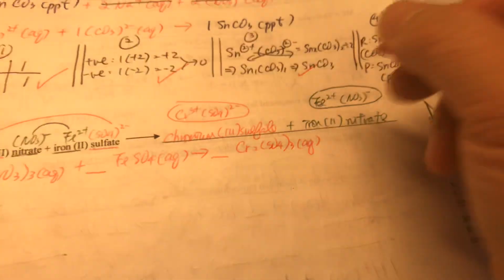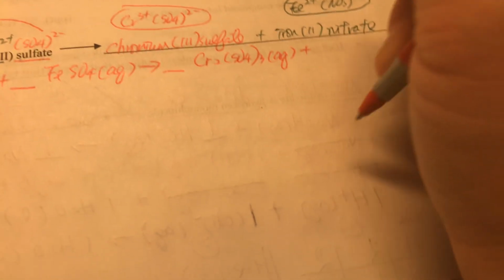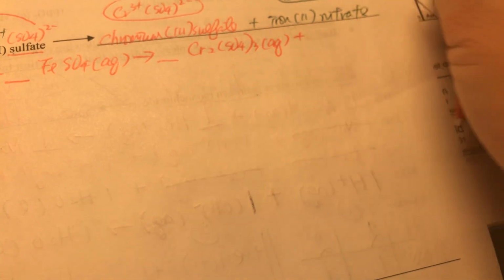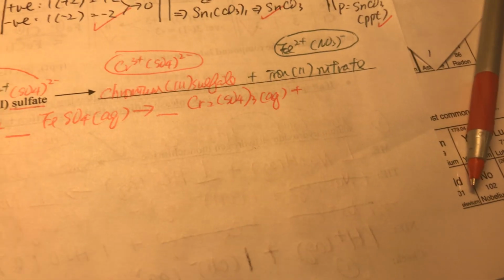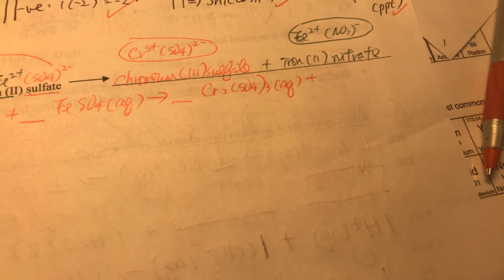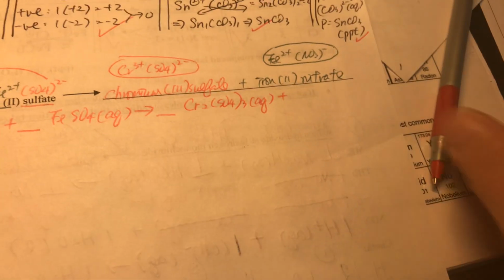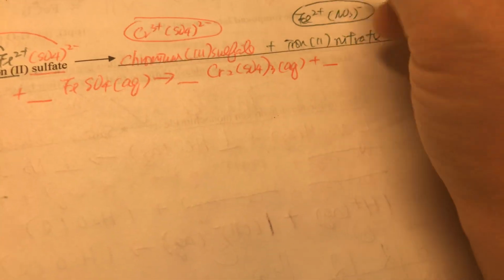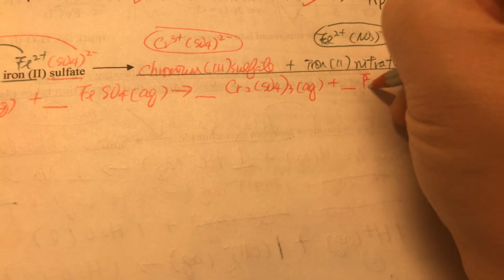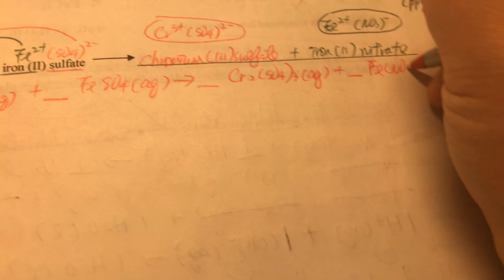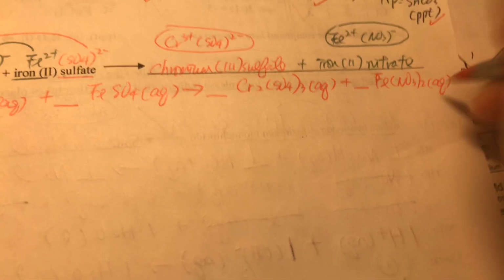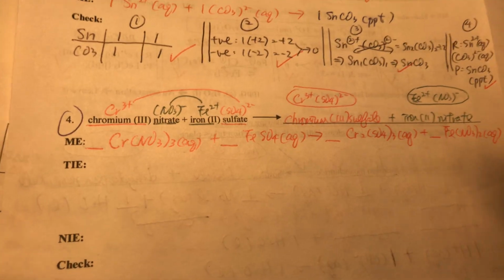Okay, so we're gonna use red pen too. So Fe parentheses NO3 close 2 (aq). Okay, so we know that there's no reaction.